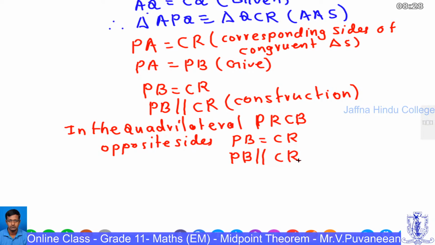In a quadrilateral, if opposite sides are equal and parallel, we can say that it is a parallelogram. Therefore, PRCB is a parallelogram.